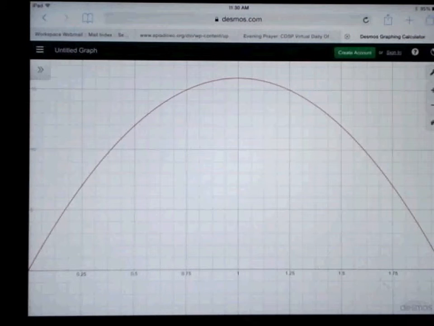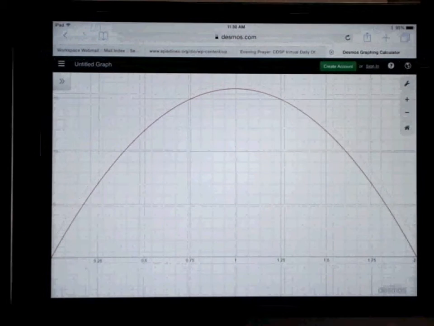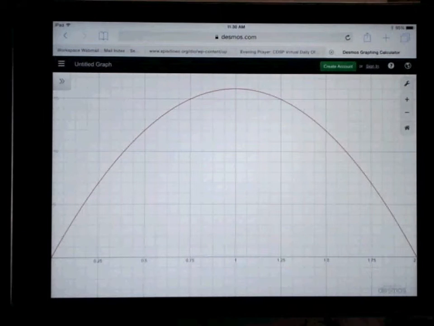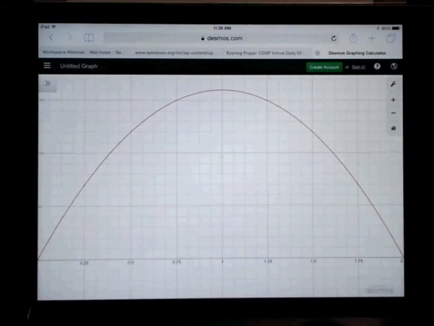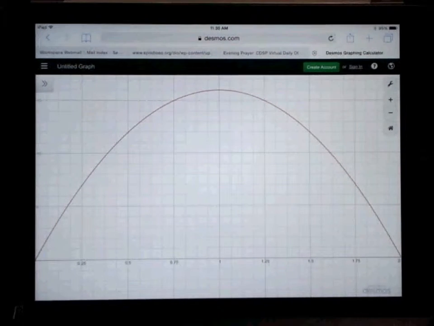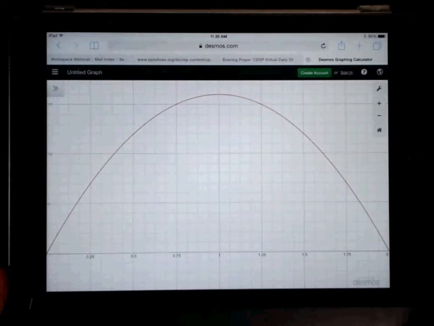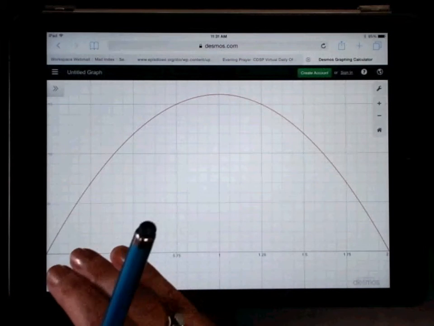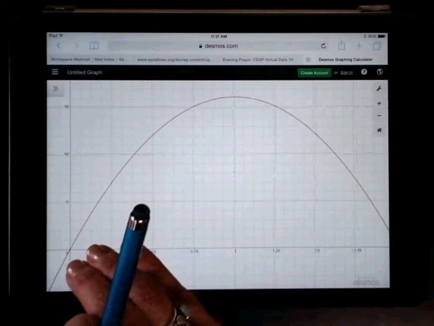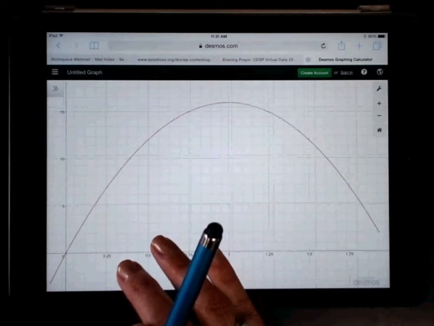It's kind of off the screen. Let me just adjust my zoom so you can see my whole screen. That's better. Okay. So the 0 is down here in the corner. Let's see if it'll let me have it. There we go.